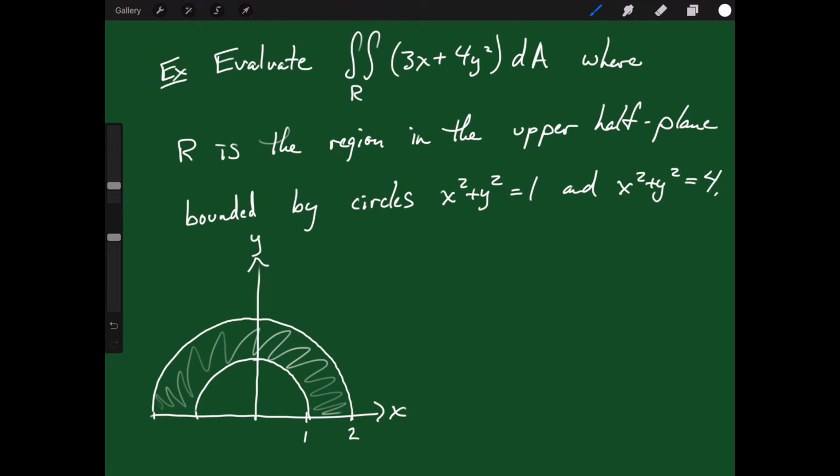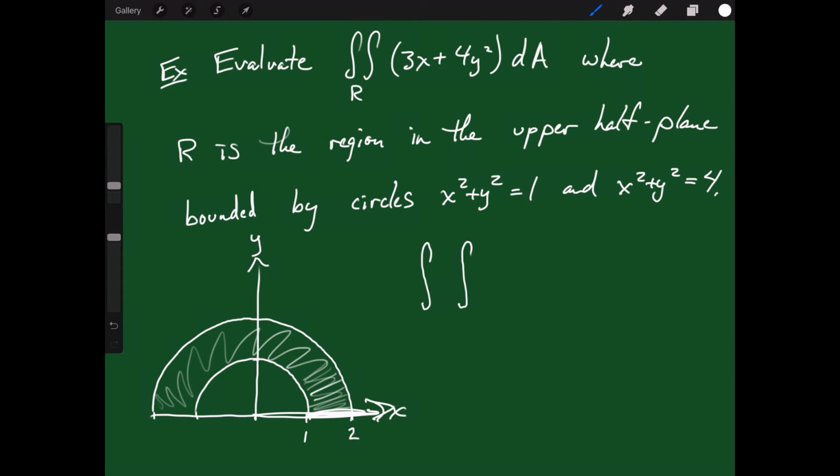Okay, so now I've kind of got to think about this for a second. If I'm setting this up as a double integral, I know I want the outside integral to be the thetas that we go through, and the inside integral to be the r values that we go through. So my thetas start here at 0, so this is theta equals 0, right?